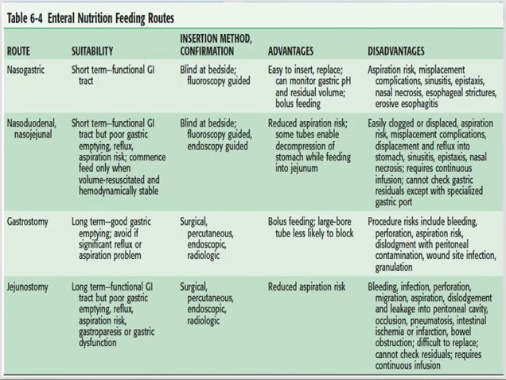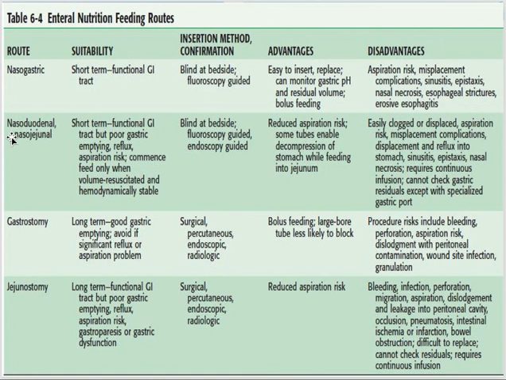In the end, I put the slides. I don't remember from which book, but usually I use Bailey and Love to prepare the lecture. Sometimes I study Sabiston's book of surgery or Schwartz, sometimes the Washington Manual of Surgery.